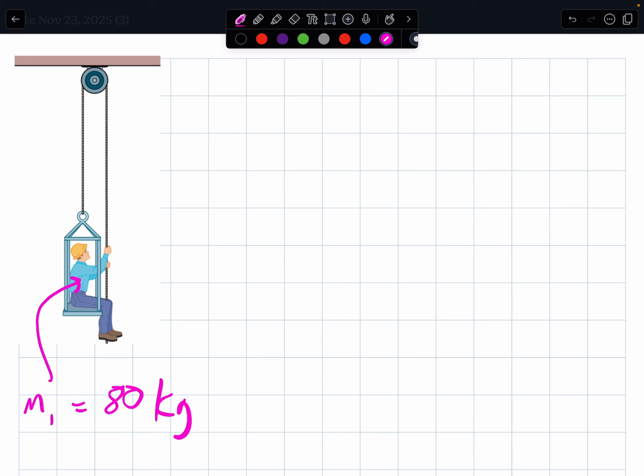Okay, and the little seat that he's in, this contraption, it's lightweight, right? Aluminum or something. So we'll call this M2, and it's 20 kilograms. And he's able to hold onto this rope and hold himself up by grabbing onto the rope. And so the question is, what's the tension in the rope?